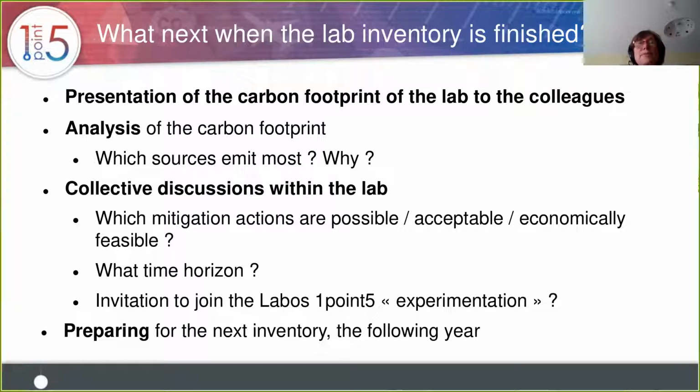And for that, at Labo 1.5, the team within Labo 1.5 called experimentation has developed a tool that I'll talk about later on, just to help laboratories have these collective discussions and get to the actions that they want to develop. And of course, as I said, as the inventory is to be made every year, they can prepare for the next inventory.